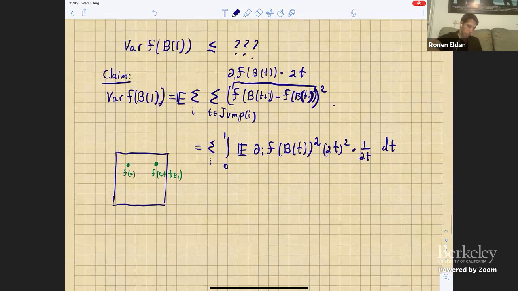Okay, so we got some formula. Let me write it a bit differently. It's the integral between 0 and 1 of the expectation. So this 2t squared cancels, this t here cancels out with one of those things here, and we get 2 times the expectation of t times the norm of the gradient of f at b_t squared, dt.